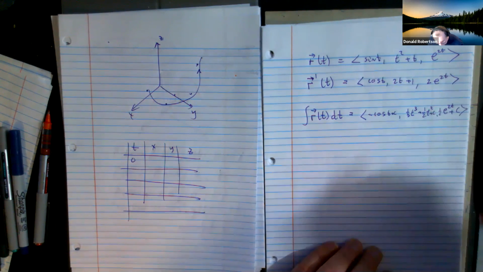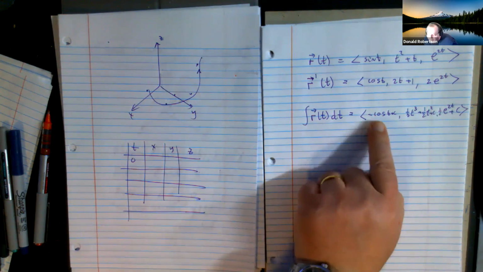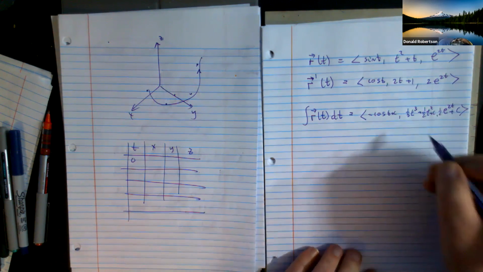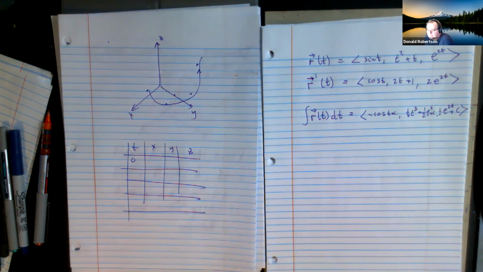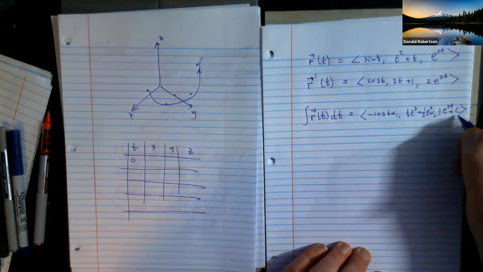Now, I'm putting a little plus c here and a plus c here, but that's not right. It's almost right. When you integrate and it's indefinite, you have a plus c. If you write plus c plus c plus c, aren't you making the assumption that they're the same unknown number? In technical terms, that should be a C1, that should be a C2, and that should be a C3.